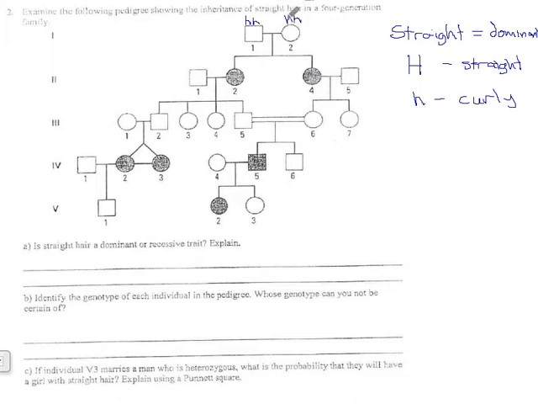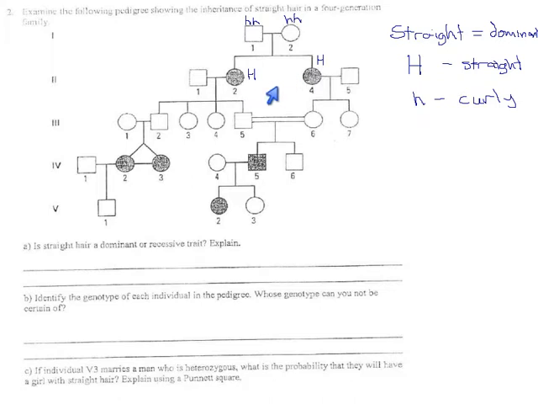Grandma is little h, and then their daughter here is big H something. I don't know what the second allele is. And the same with their other daughter, big H something. See the problem? We slammed into a wall right away here. These two kids have to have the allele for straight hair, but where did they get it from? Neither of their parents has it.